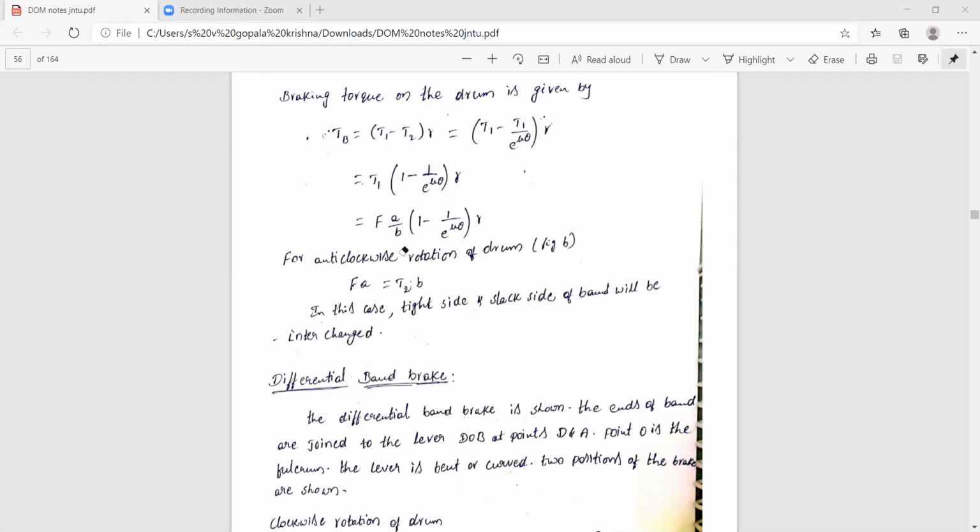This is the braking torque on the drum when the drum is rotating in the anti-clockwise direction.